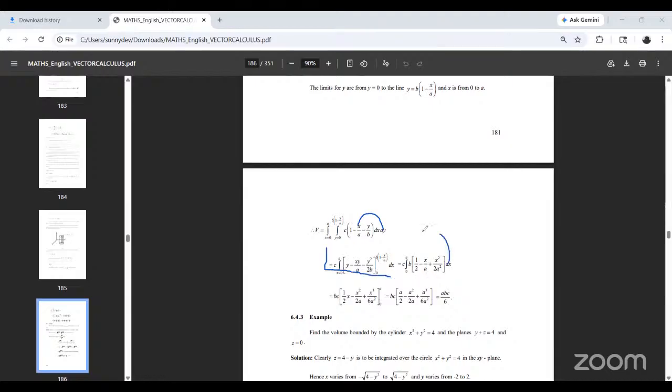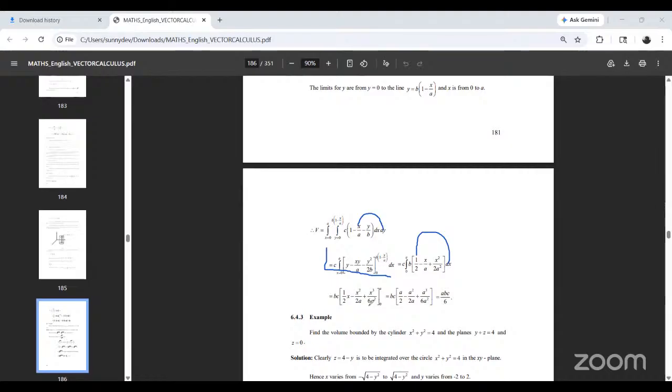Now again we have to do the integration with respect to x. That becomes 1 by 2 into x minus x square by 2a plus x cube by 6a square, and the limits are 0 to a. At the end, after the simplification, we get abc by 6.